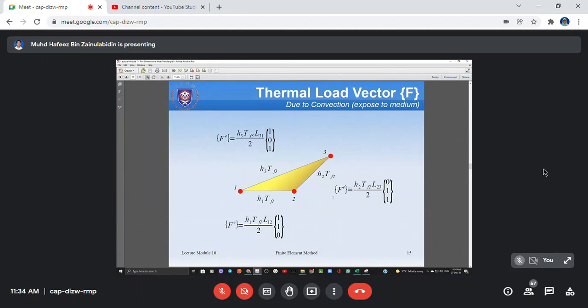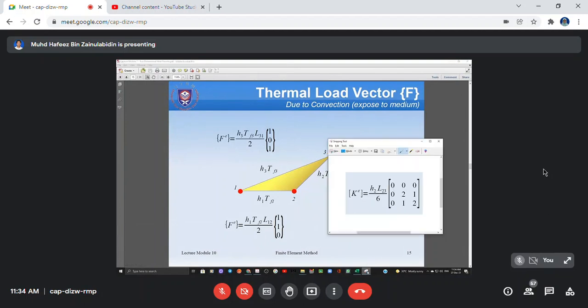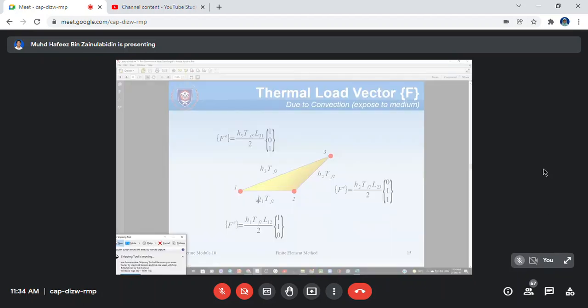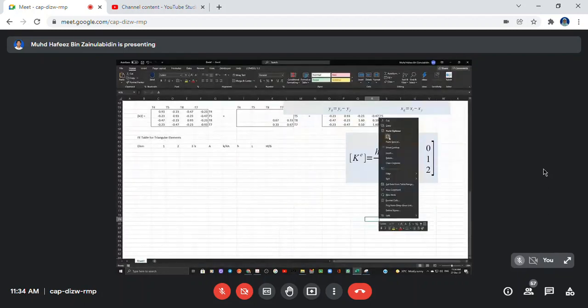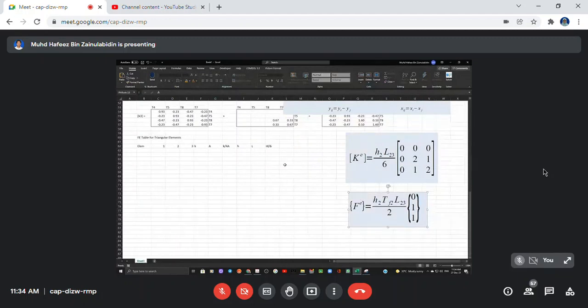Surface number 2, formula for surface number 2. This formula here. We need H, TF, L. So H, TF, L over 2.